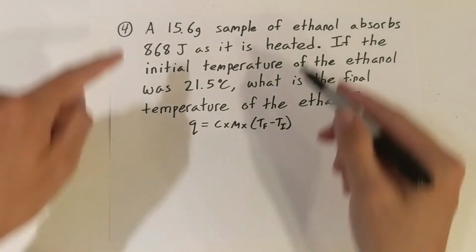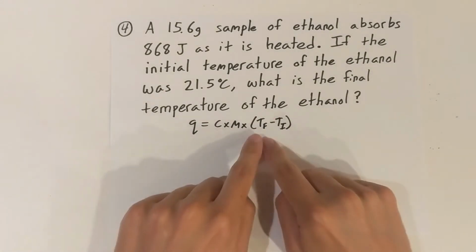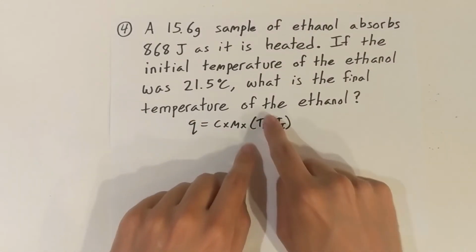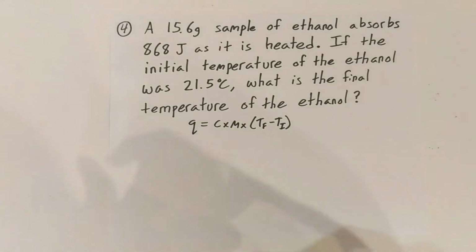And we're going to use that after I read this here. So a 15.6 gram sample of ethanol absorbs 868 joules as it's heated. If the initial temperature of the ethanol is 21.5 degrees Celsius, what is the final temperature of the ethanol? So here, we're looking for final temperature. So the math here to get final temperature on one side is a little bit harder.